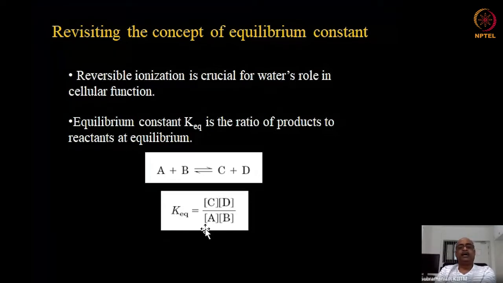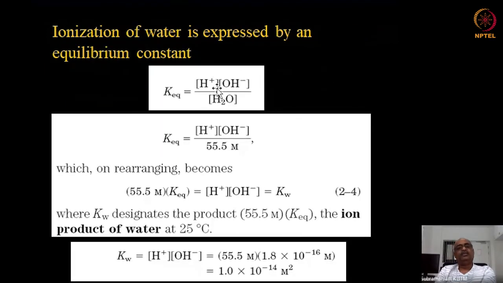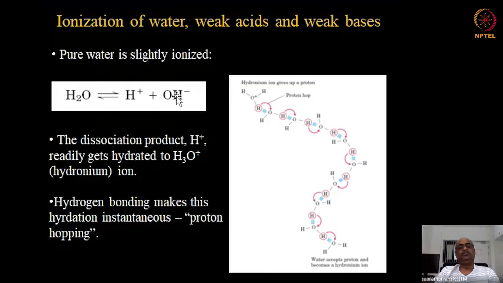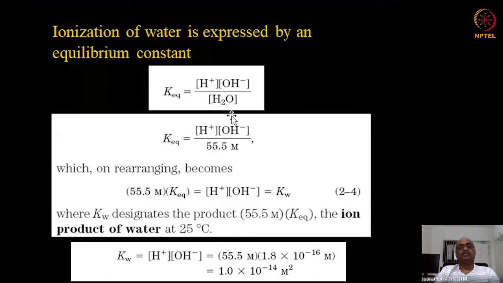So now let us apply this to water. In water dissociation, the equilibrium constant will be the concentration of hydrogen ion times the concentration of hydroxyl ion divided by the water concentration, as we saw in this reaction. Now in pure water, the water concentration is 55.5 molar.